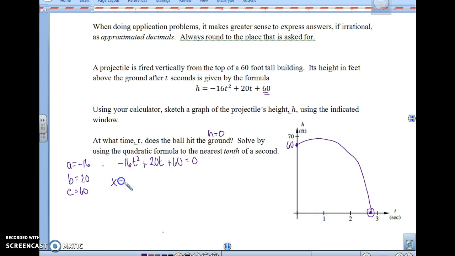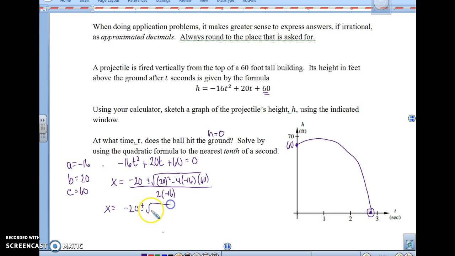So my equation is x equals negative b, negative 20, plus or minus the square root of b squared, which is 20 squared, minus 4 times a, which is negative 16, times c, which is 60, all over 2 times negative 16. All right, now I already put this in my calculator.